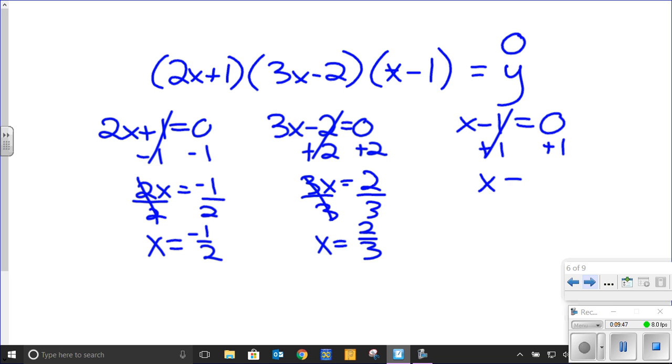So x is equal to 1. So again, in my squiggly braces, this is a set of numbers. This time I have 3 numbers: -half, 2/3, and 1. So that is how we solve polynomial equations in factored form, where you're finding a set of numbers that satisfy the equation. In this last one, we had 3 different numbers that would have worked.